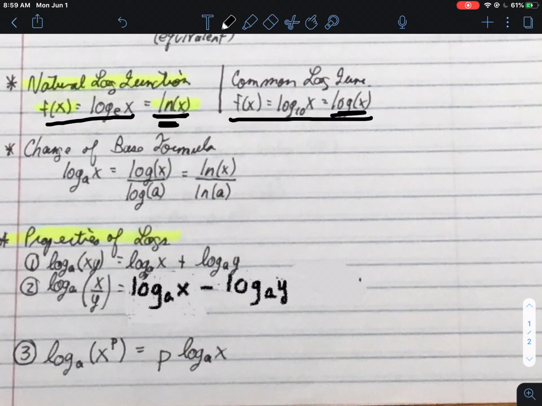Now, I've also included this little change of base formula, should you happen to run across a log with a different base and you need to do something with it. Now, on the calculators today, this depends on your calculator. I think most of us probably have this on our calculator. If you hit your math button on your calculator and you scroll down to the letter A, it'll say log base.